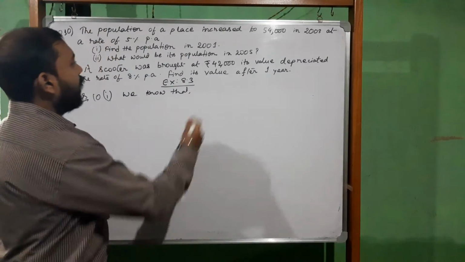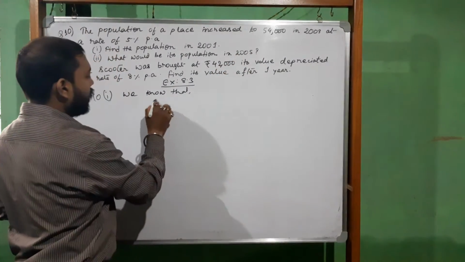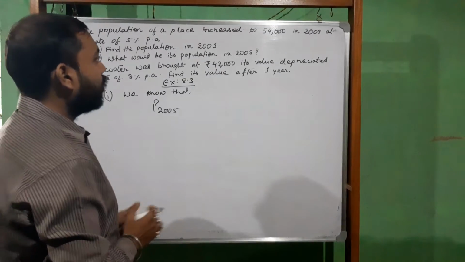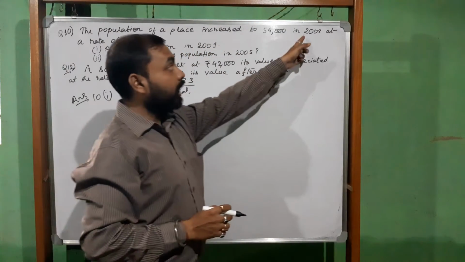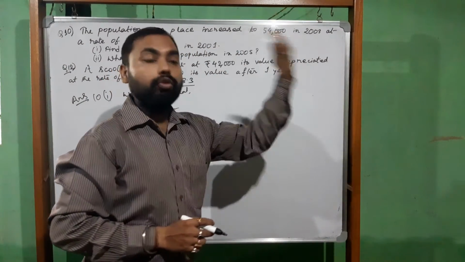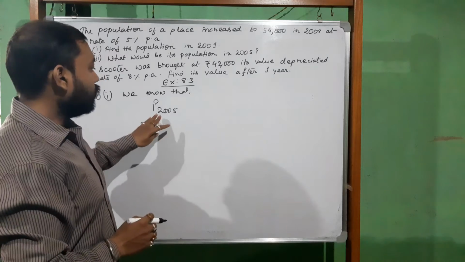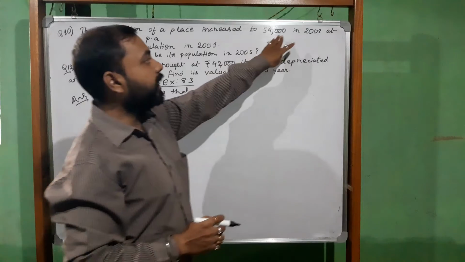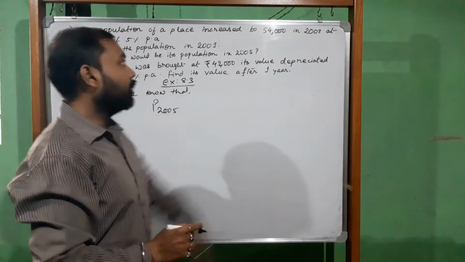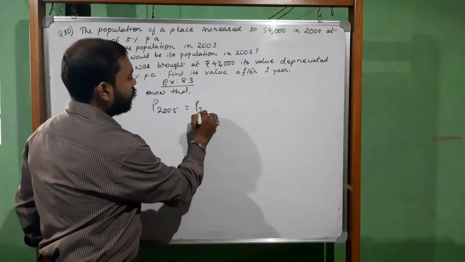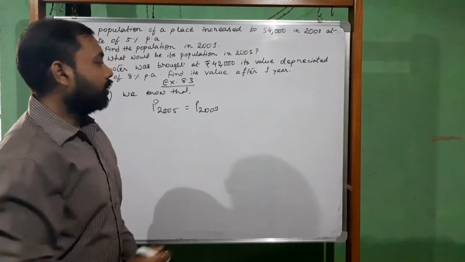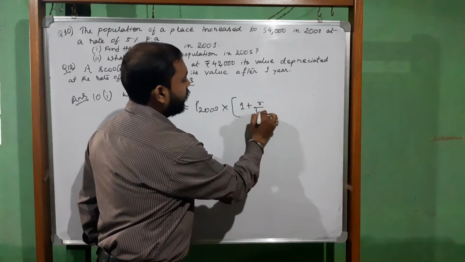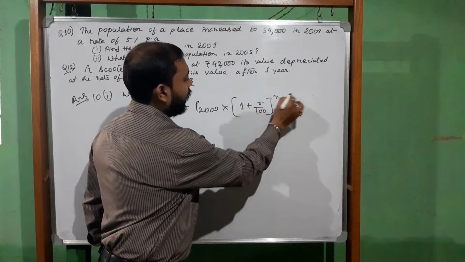So now we have to find the population of 2005. So let us write here P2005. We have to find this, because 2003 we know and we have to find 2005. So 2005 will now come in the amount, and this will become the principal, P 2003, into 1 plus r by 100 to the power n.